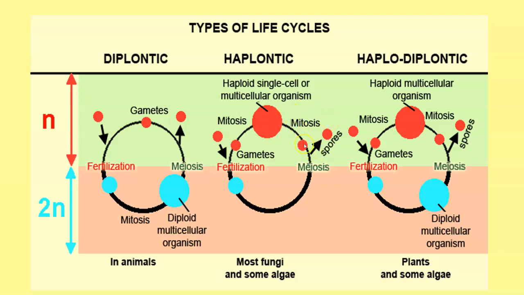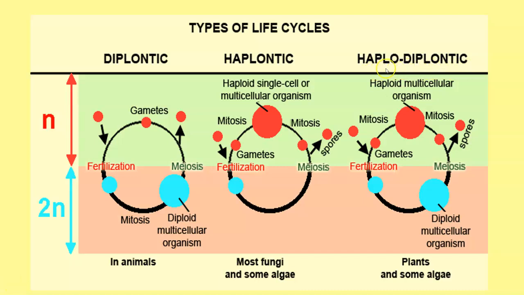So, the n remains as n in number. The zygote is formed after fertilization. This cell is the only diploid cell in the entire life cycle of the organism. Thus the same zygotic cell later undergoes meiosis. Students, this type of life cycle is shown mostly by fungi and some algae.